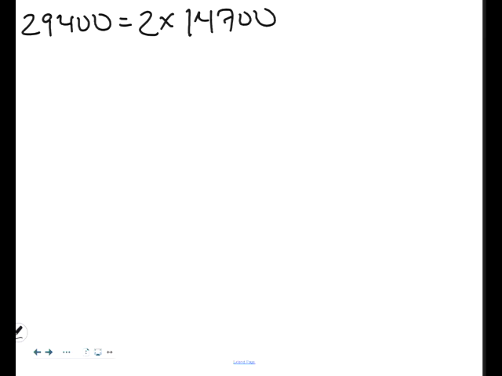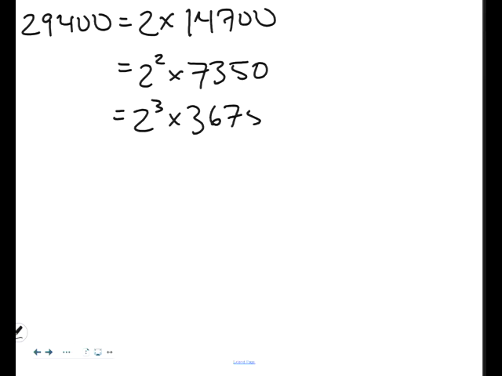Yes, it is. Okay, so we now have a 2 squared. And what's left when we pull out that next factor of 2? Yep, I get 7,350. Is that divisible by 2? Yes, it is. So we get a 2 cubed, and what's left? I get 3675.